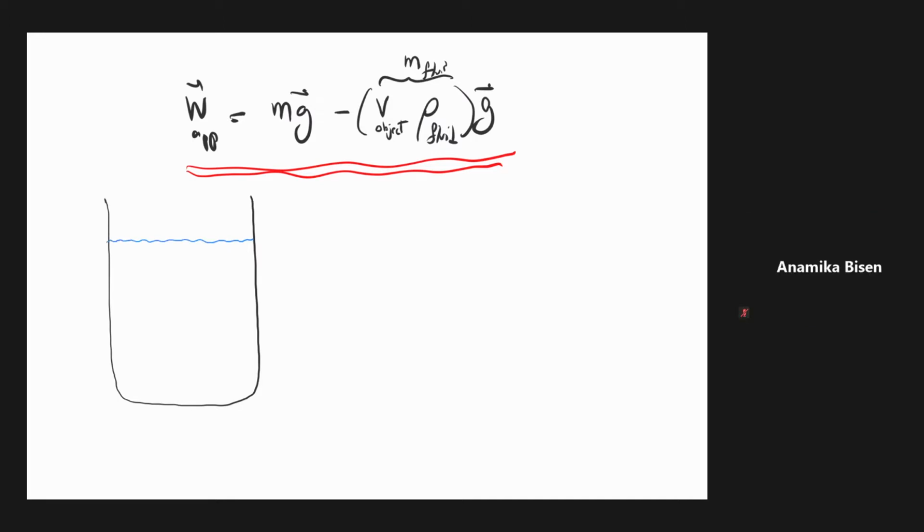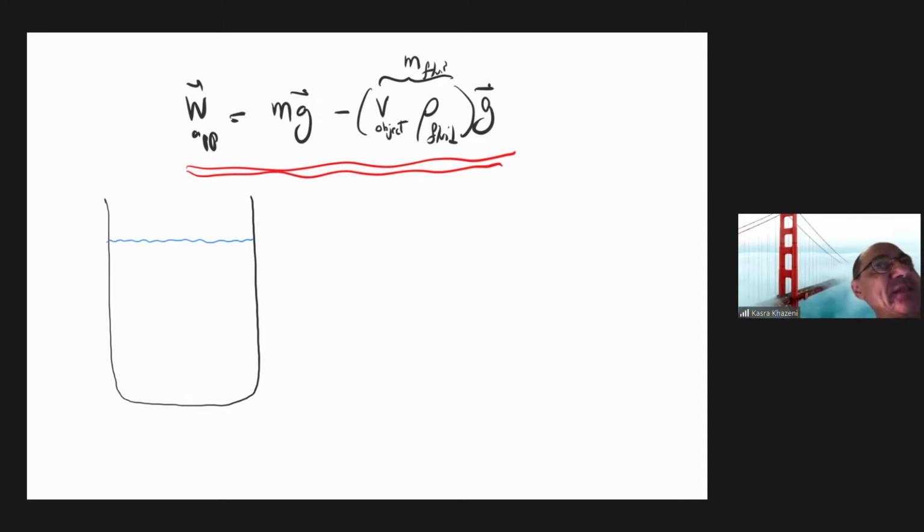Usually in problems, you are given objects that their volume is easy to calculate. Okay? So the volumes are easily calculated because objects are easy. They're like a sphere, or they are cylinders or boxes, things like that.